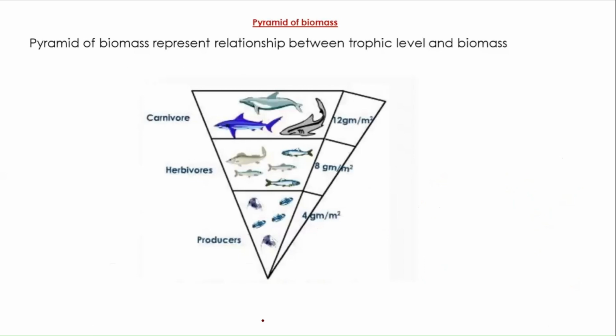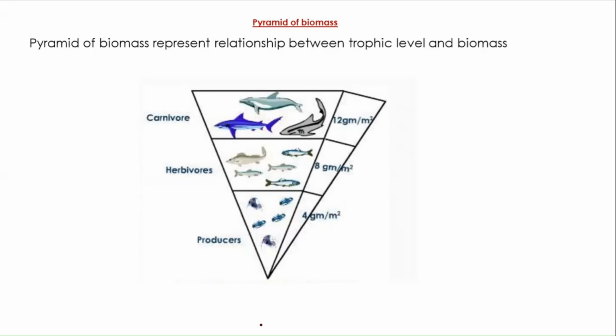Whereas if we consider the pyramid of biomass, it is inverted in the marine ecosystem, because planktons, which are the major primary producers, are very tiny in size, whereas the consumers are mostly whales, sharks, and all those big fishes and mammals, which weigh much more.